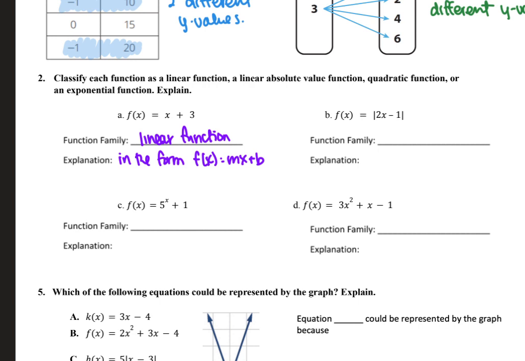All right, part B. What I see in my equation are these bars, which are absolute value bars. So this is going to be a linear absolute value function. And our explanation is the equation has absolute value bars.